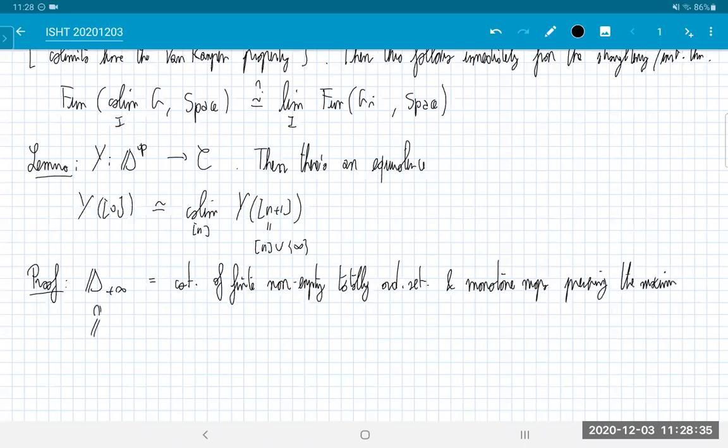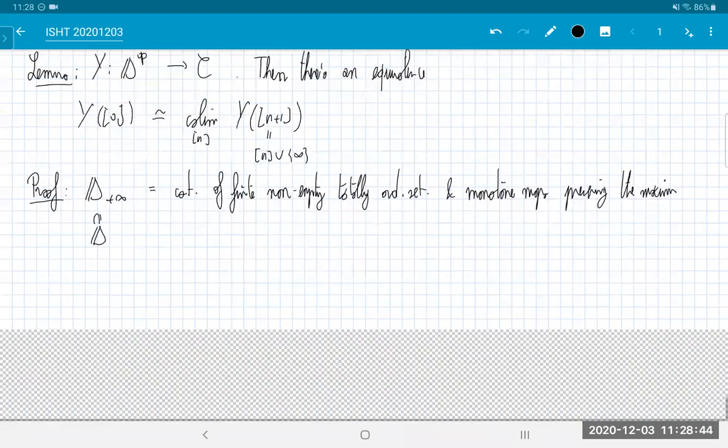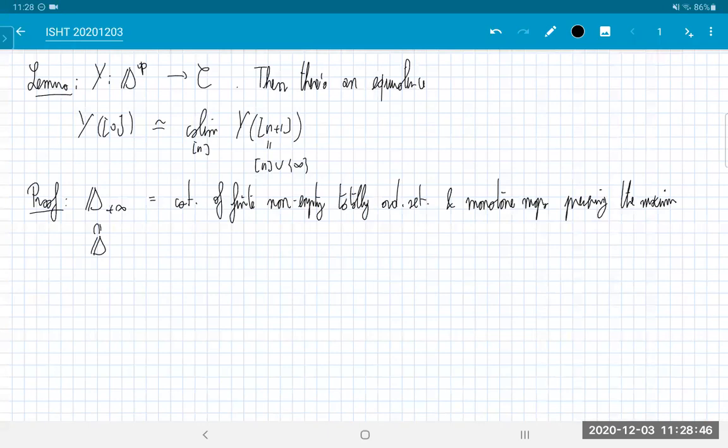So it's a subcategory of delta, it has all objects, but I'm taking only the maps that preserve the maximum. The first remark is that this inclusion, delta plus infinity inside delta, has a, which direction does it go? It has a left adjoint, which just adds a maximum.